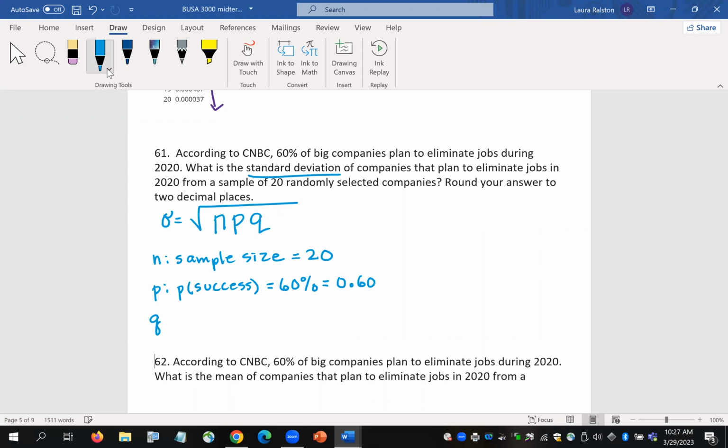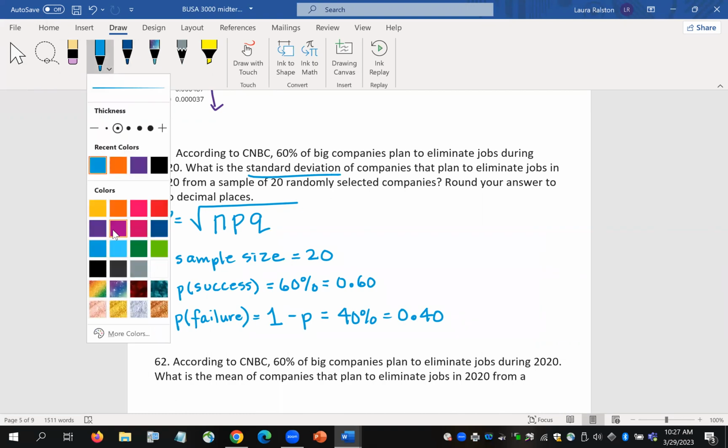Q is the probability of failure, and it's always 1 minus P. So if success is 60%, failure would be 40%, which is 0.40. So all of the numbers are either given to you in the problem or you can figure them out.